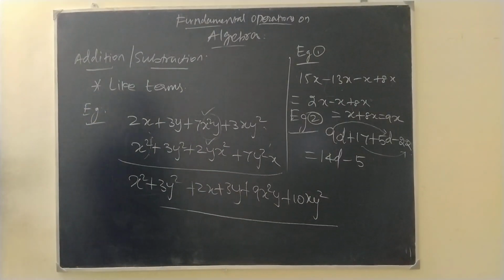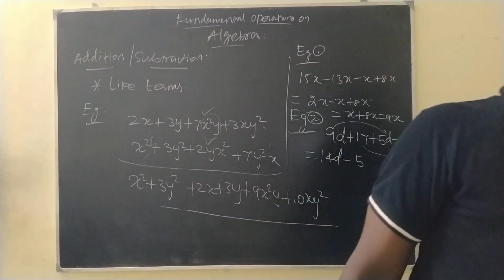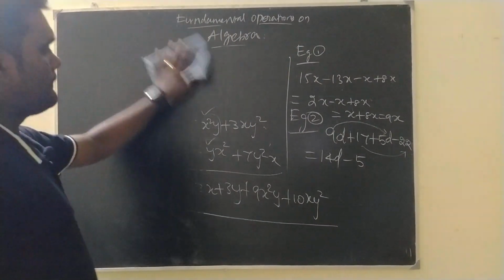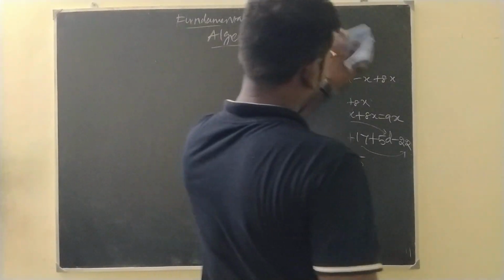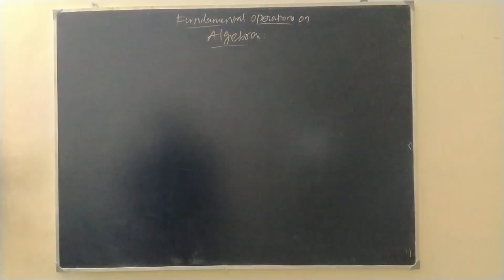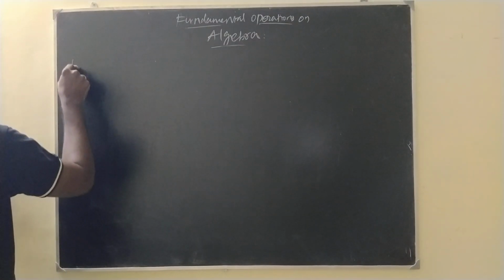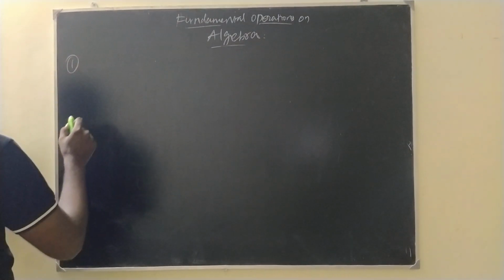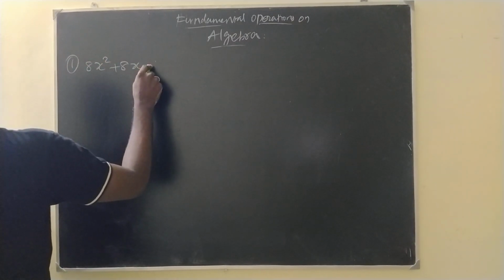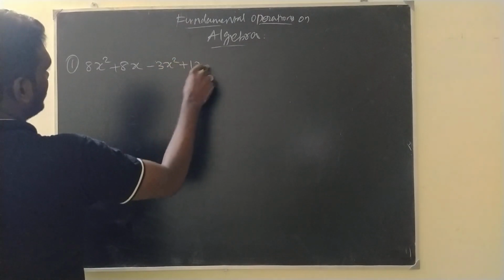Now 2 more questions, then we'll move on to the multiplication and division. Eight x square plus 8x minus 3x square plus 12x.